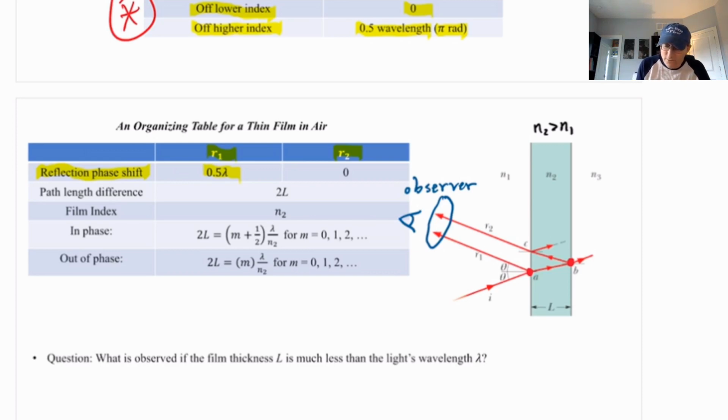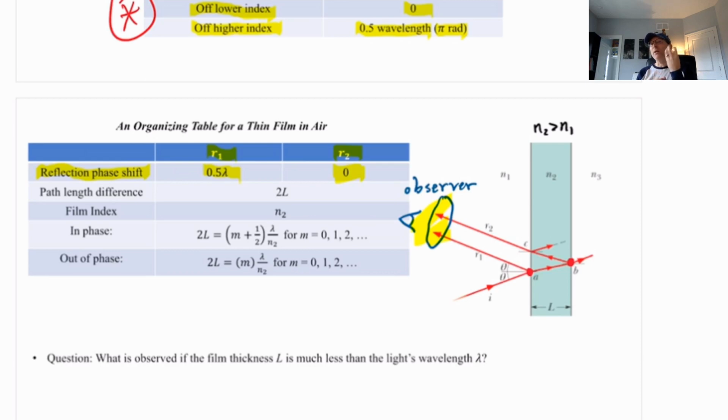So for ray 2, we get no reflection phase shift. Okay, so when the rays, or the waves, R1 and R2 combine where the observer is, over here, they automatically, already, inherently, have a phase shift difference between them of 0.5 lambda.